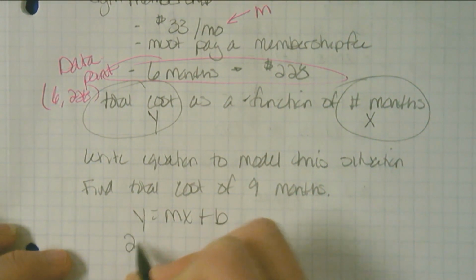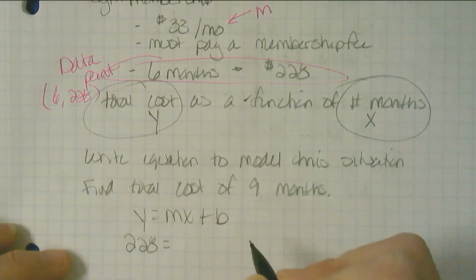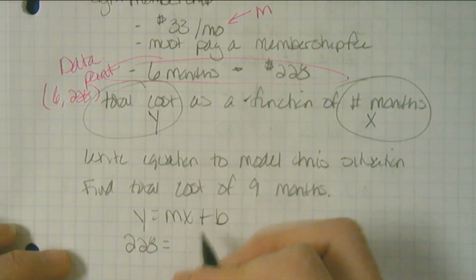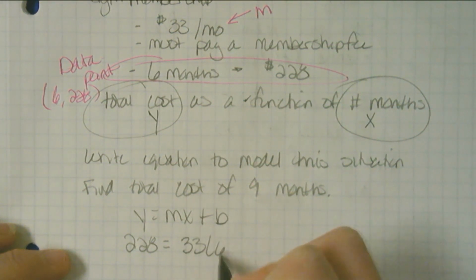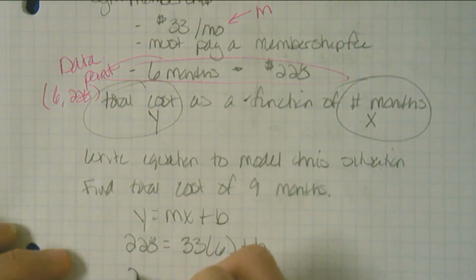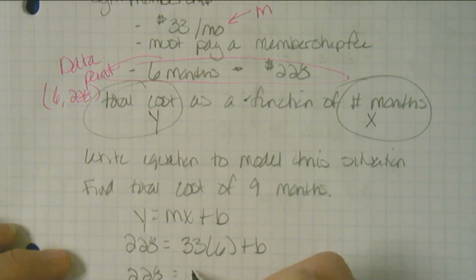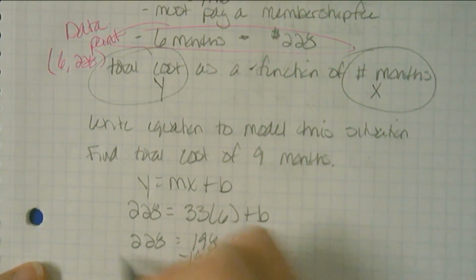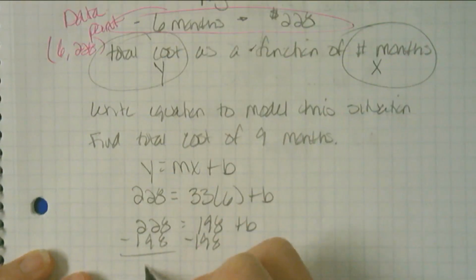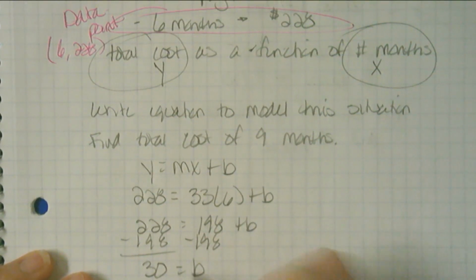Okay, so that's 228 equals 33 times 6 plus b. Okay, b is 30. All right, so what's my equation?